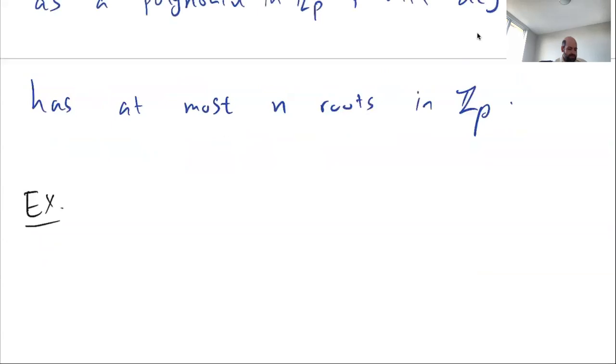Such a simple example: let p of x equal x squared plus 1 as a polynomial in Z5.